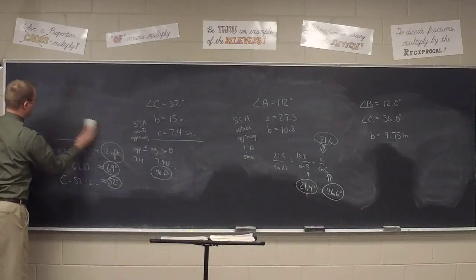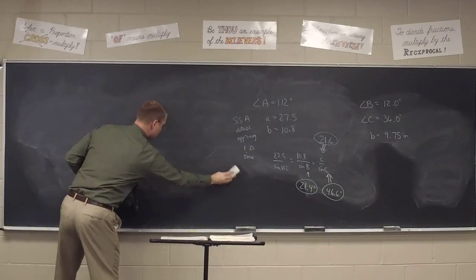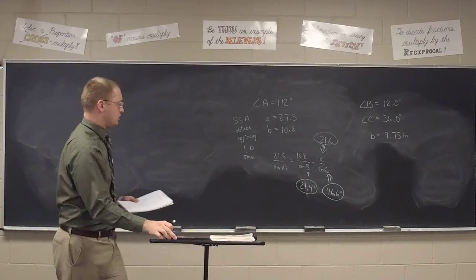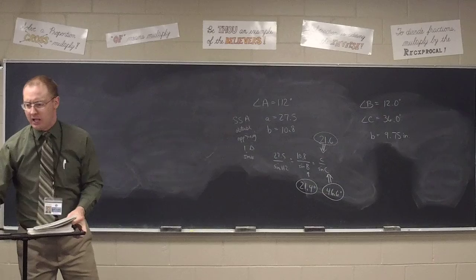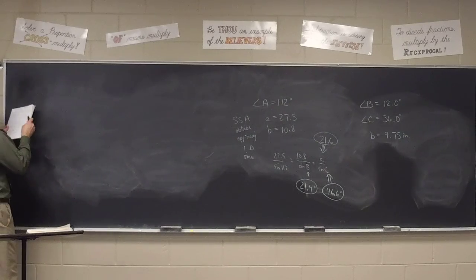Erase these two while you're checking. Do you think you see what you did? Did you get the first angle correct, the 21.4 degree angle? Yes. Okay, did you get the 46.6 degree angle? Yes. Then maybe recalculate side C and make sure you've got it while I put a couple more up here.